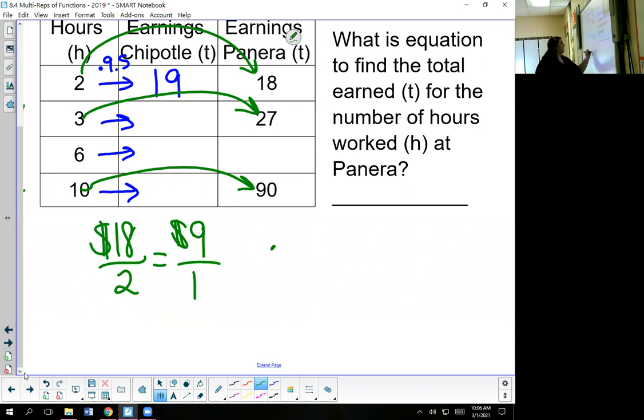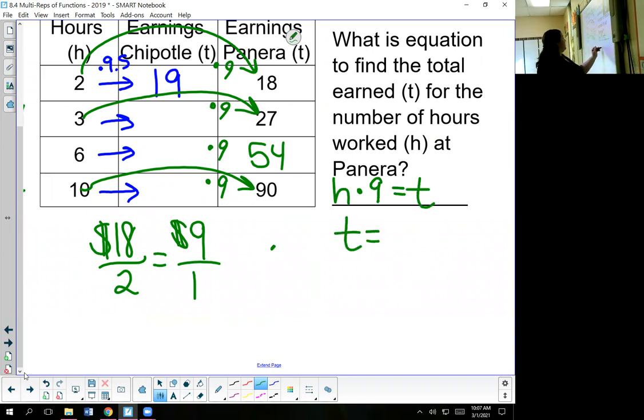That's 9. So the equation is times 9, times 9, times 9, which would be 54, times 9, which is 90. So the equation is take my hours, multiply by 9, and that is what I earned, T at Panera, or T equals 9H.